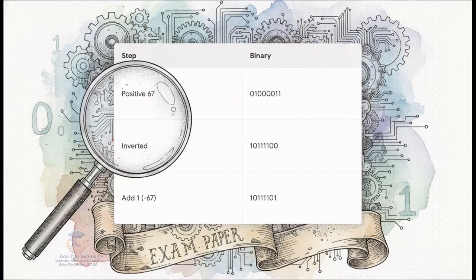And this brilliantly illustrates the whole process in action. Up top, we have our positive 67, 01000011. The middle row shows the exact inversion of those bits, 10111100. Finally, that bottom row shows the result of adding 1 to the far right side, which leaves us with 10111101.